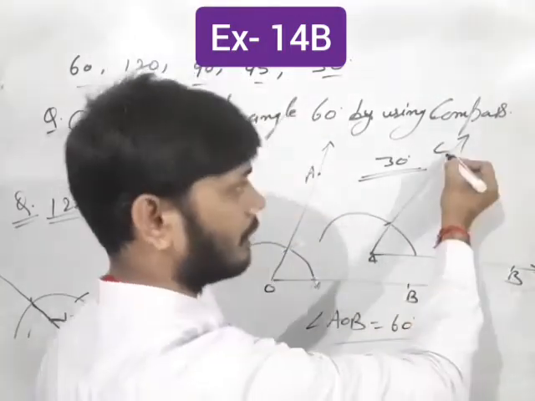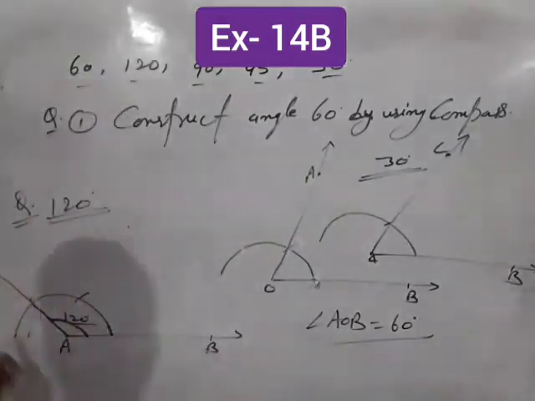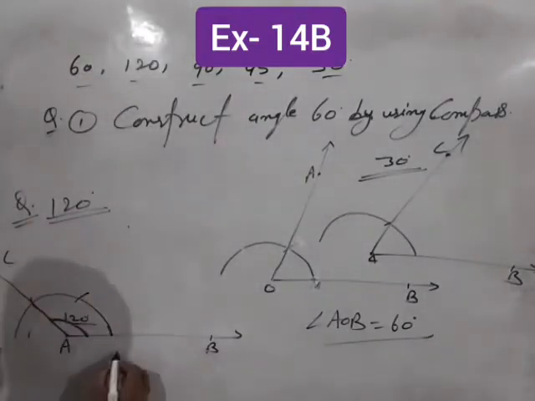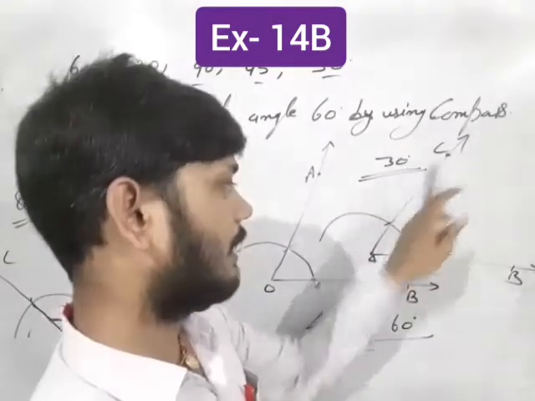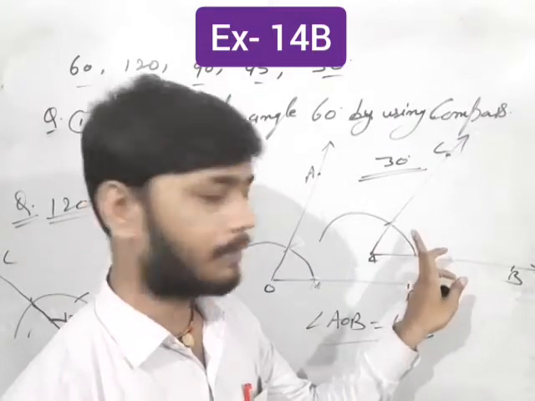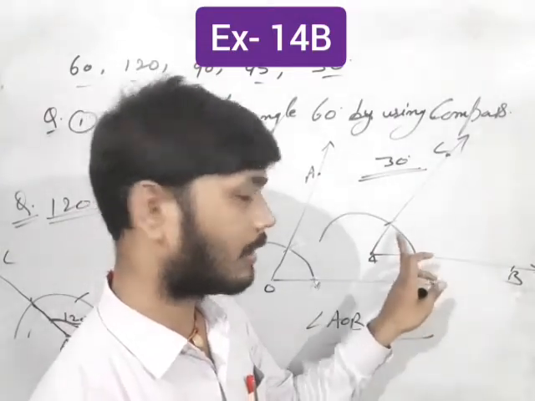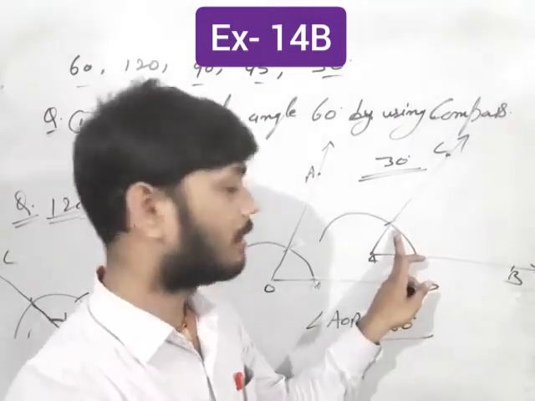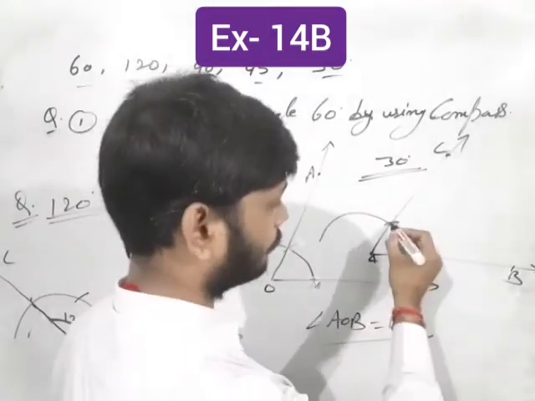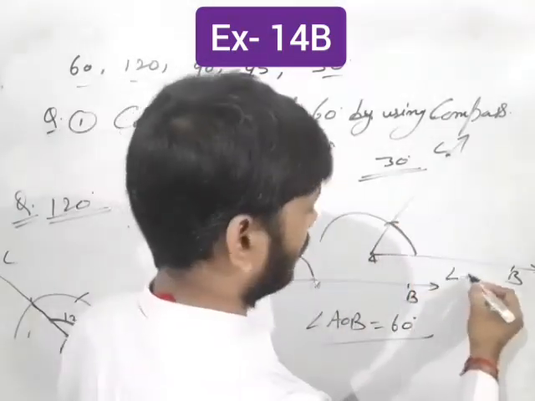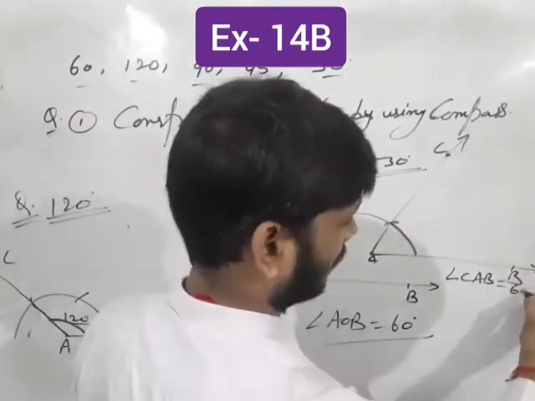Here suppose C, angle CAB. Here one time the arc is cut by the same radius. Here this is the 60 degree angle. Angle CAB is equal to 60 degree.